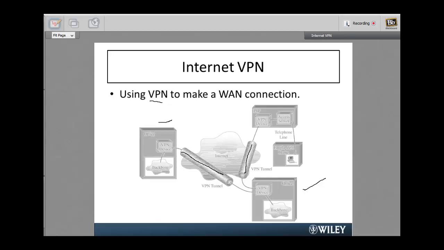Here, the data is being encrypted in either of two modes, by using IPsec. Yeah, that's right. So IPsec can encrypt the data end-to-end, or it can be in tunnel mode, which encrypts the whole communication. Or also SSL, Secure Sockets Layer.